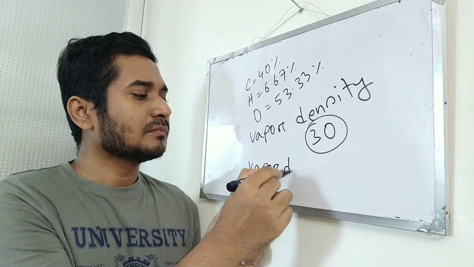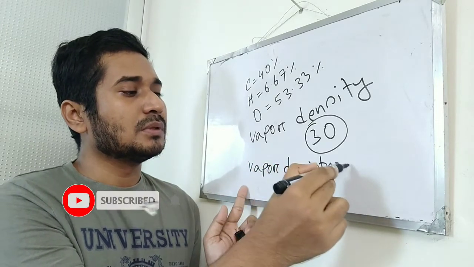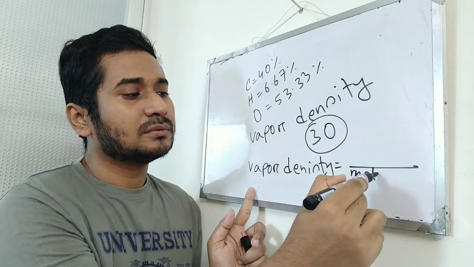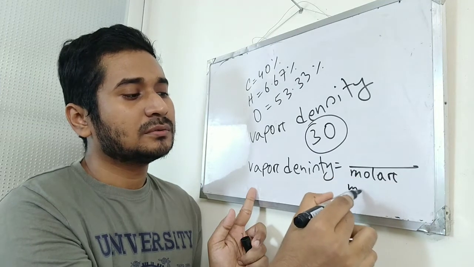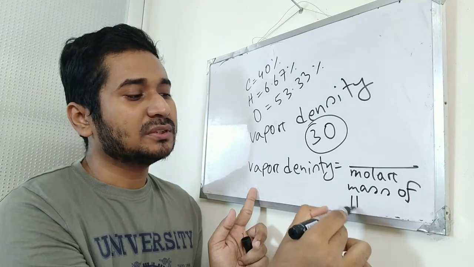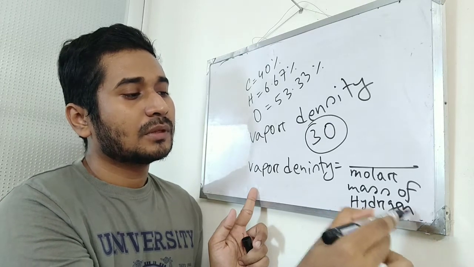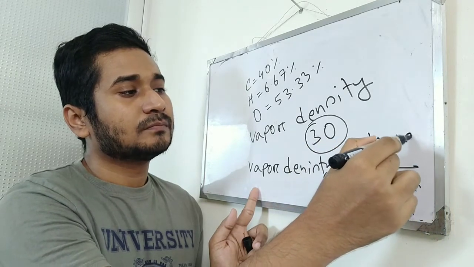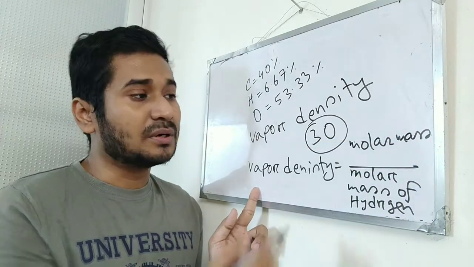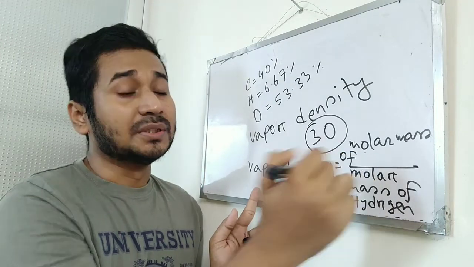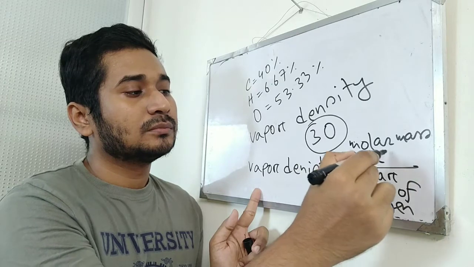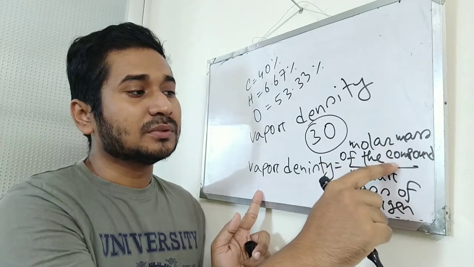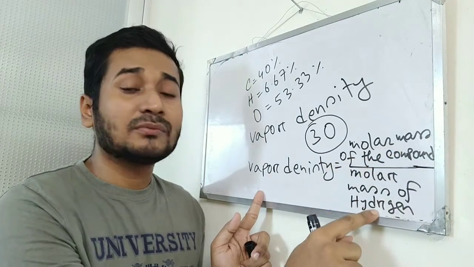Vapor density you can get by the molar or molecular mass of the individual compound divided by the molar mass of hydrogen.